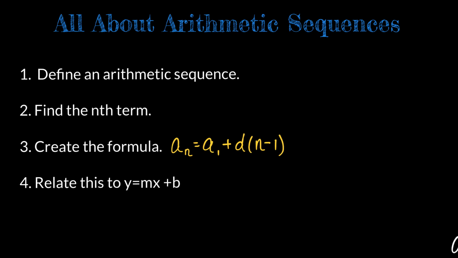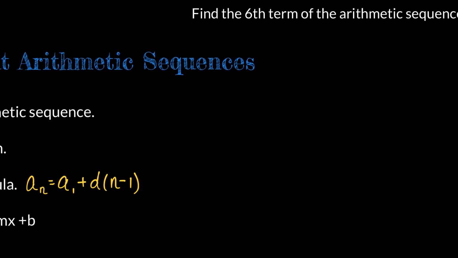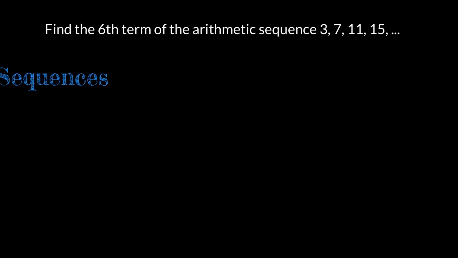So, I have an example right over here. Find the sixth term of this arithmetic sequence. Now, an arithmetic sequence is just a sequence of numbers. And in this case, it is 3 and then 7 and then 11 and 15.